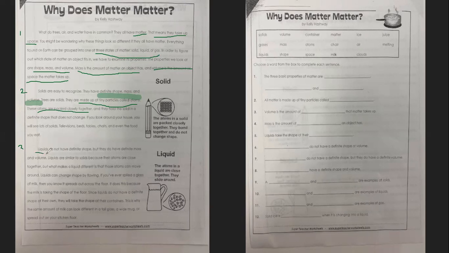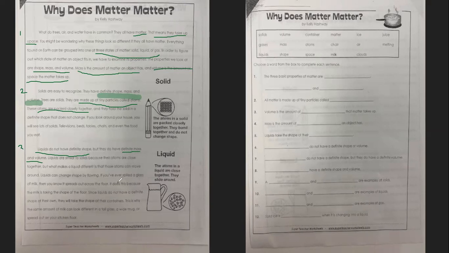Liquids do not have definite shape. I bet that's important. But they do have definite mass and volume. Liquids are similar to solids because their atoms are close together. But what makes a liquid different is that these atoms can move around. Liquids can change shape by flowing.